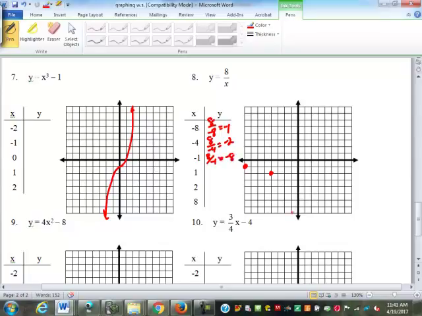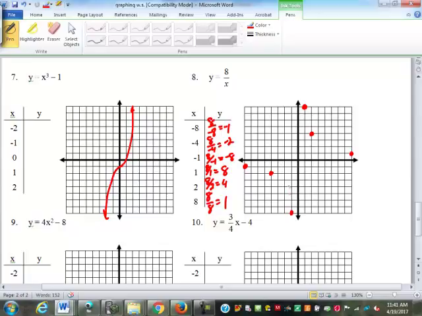So negative 1, negative 8 is right there. If x is 1, y is 8 divided by 1, or 8. So we've got 1, positive 8. If x is 2, y is 8 divided by 2, or 4. So 2, 4 is right there. If x is 8, y is 8 divided by 8, which is 1. So we've got 8, 1 right there.